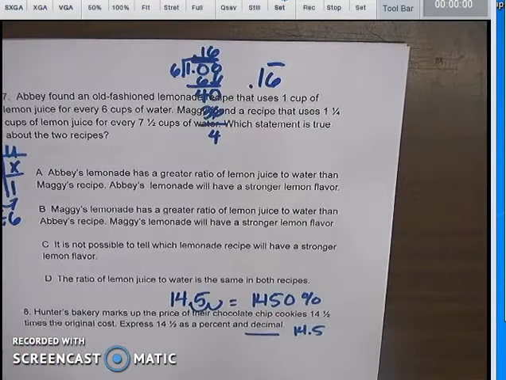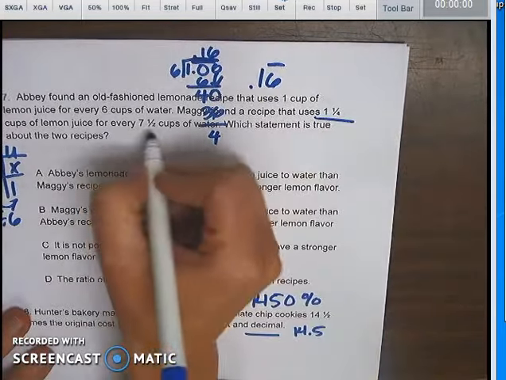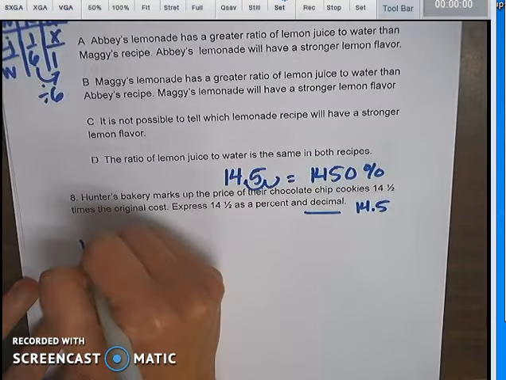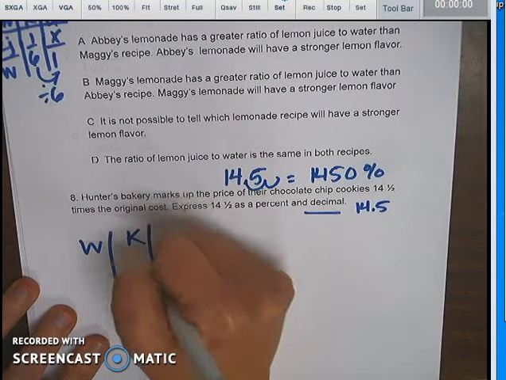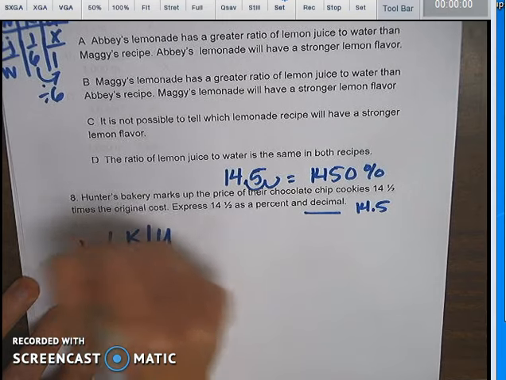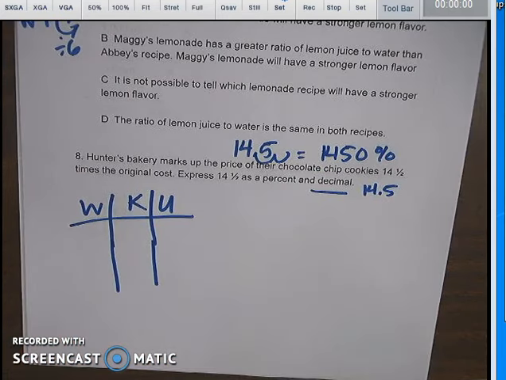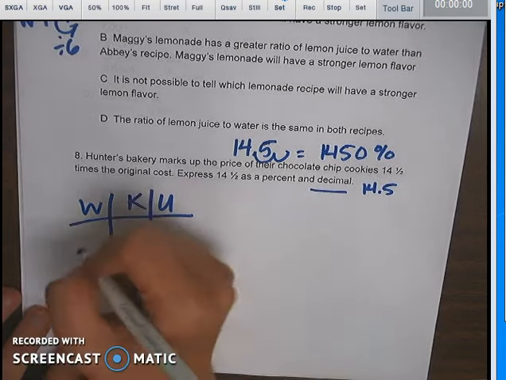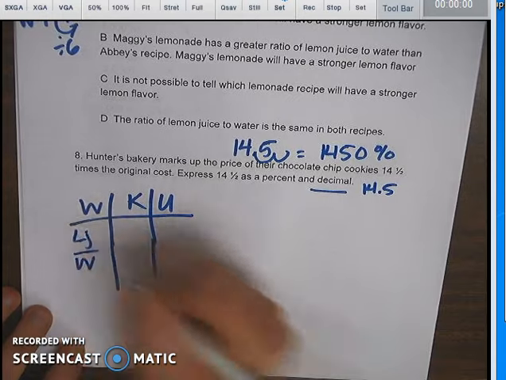So then Maggie found one that uses 1 1/4 for every 7.5 cups. So now I need to do Maggie's. Lemon juice over water again.